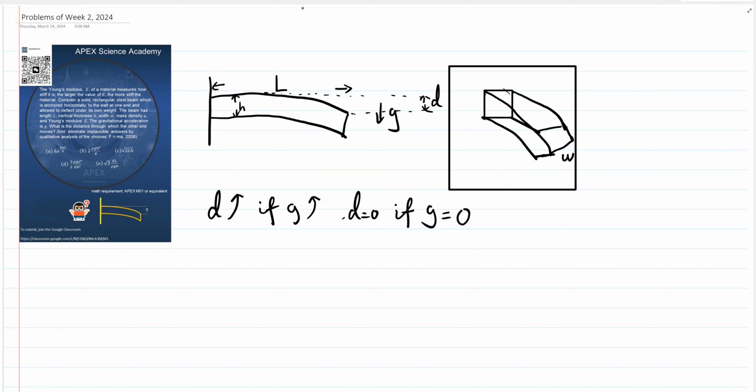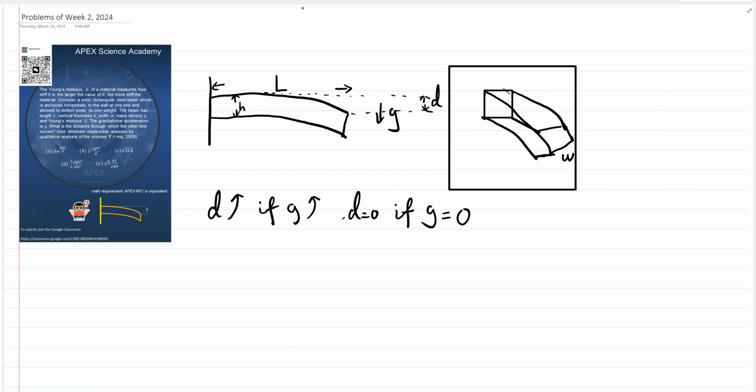The second thing is very intuitive. You can cut a piece of paper and change its length, or just observe the tree branches in the backyard.